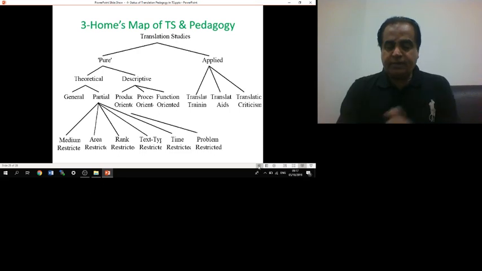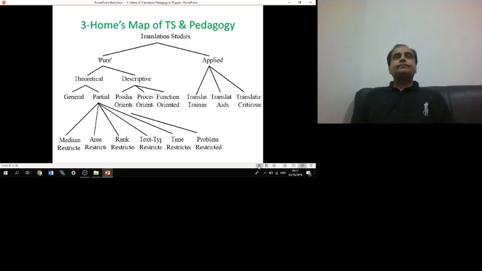So in a way we can say that the status of translation pedagogy in the light of this map is not static, it is very dynamic. It gives and it takes. It influences the areas, and it is being influenced by the theoretical part.